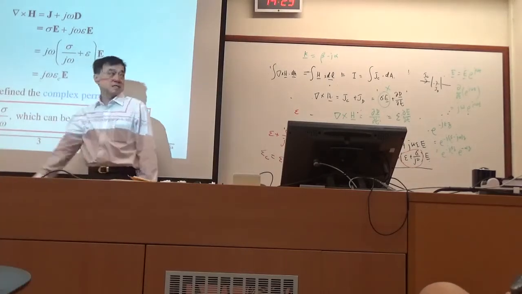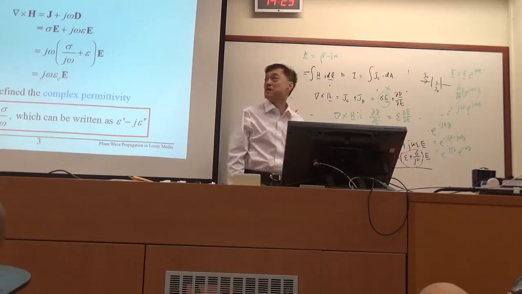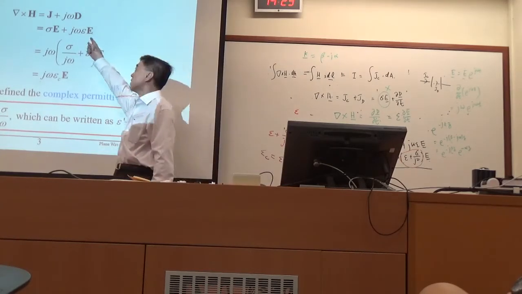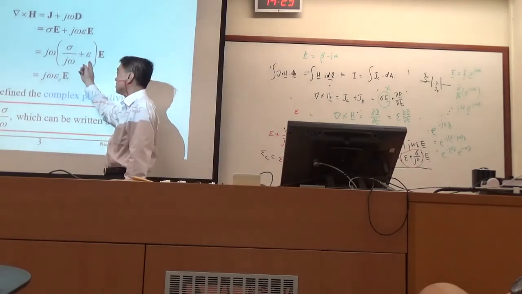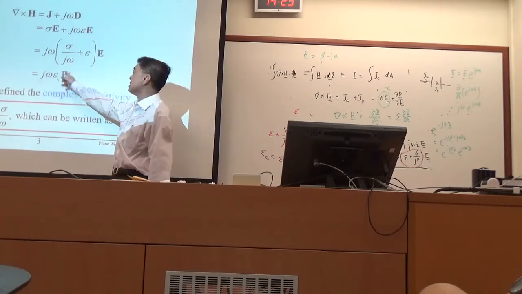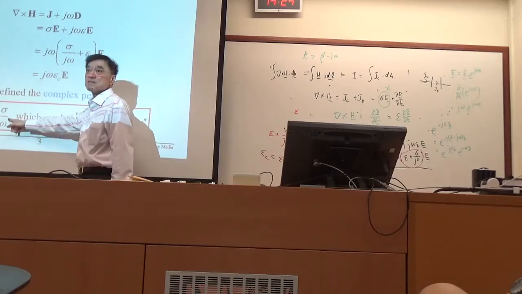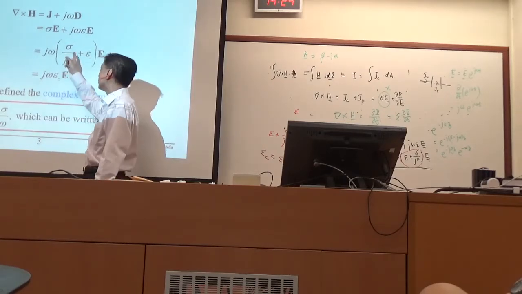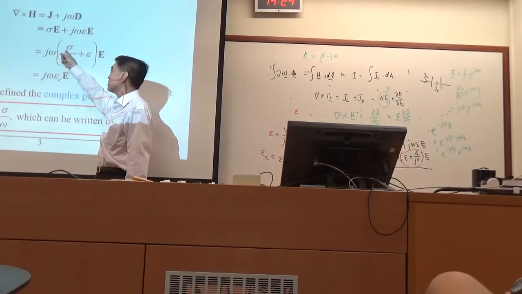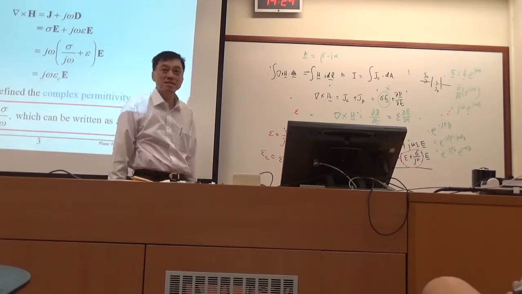Originally it is j omega epsilon E, now sigma E in here. So this now becomes epsilon C. Epsilon C is equal to epsilon plus sigma over j omega. Nobody asked me why this is minus, why this is plus, right? Because 1 over j is equal to minus j.